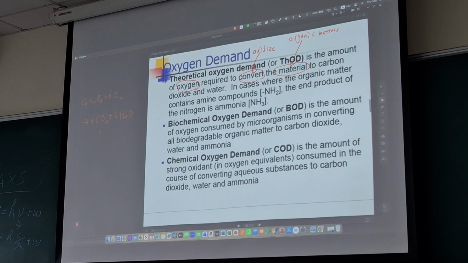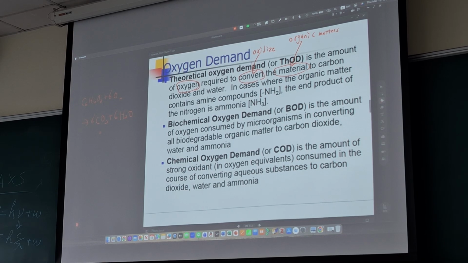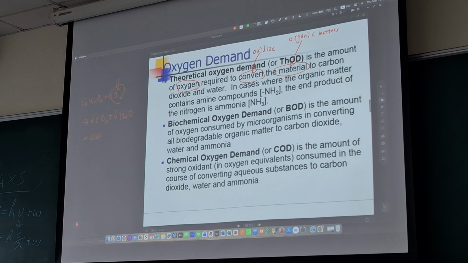Calculate theoretically from the chemical formula. And we will assume complete oxidation.